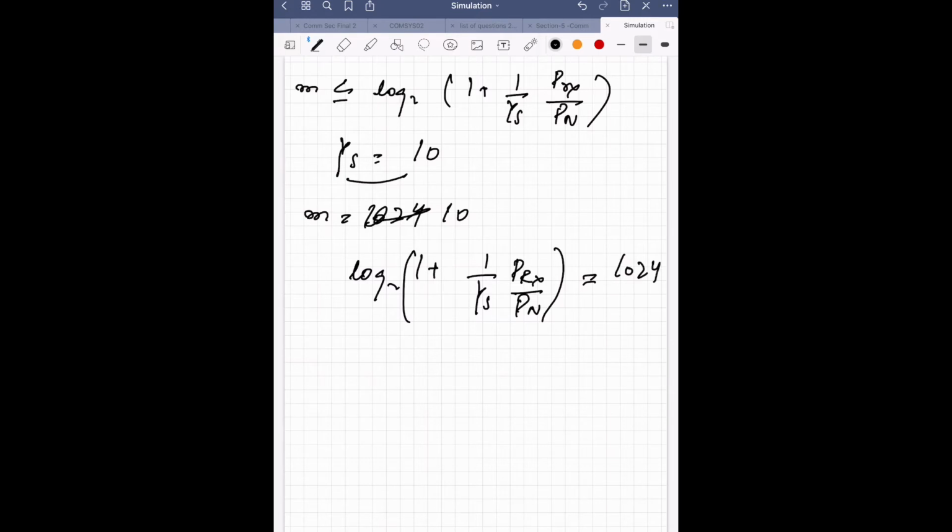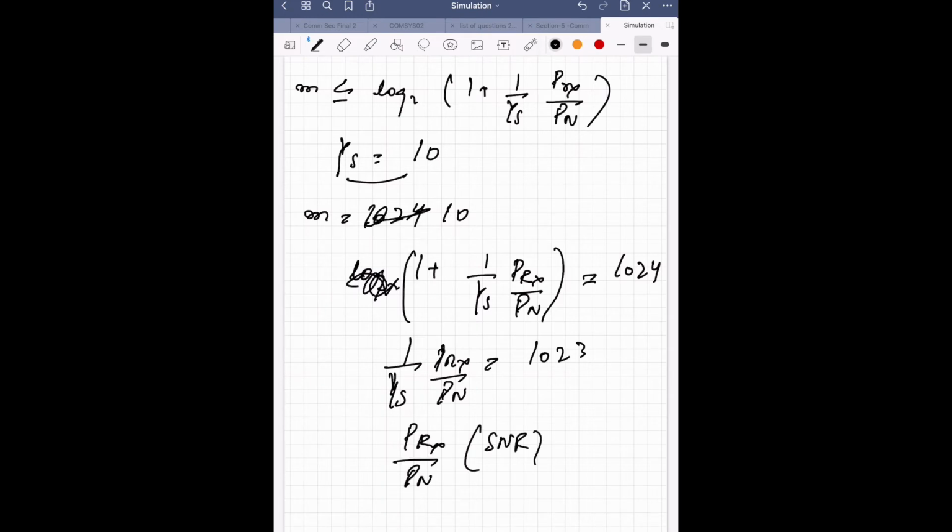In other words, 1 plus 1 by gamma S times PRX by Pn should be equal to 1024, so that log 2 of this quantity will be equal to 10. So 1 by gamma S times PRX by Pn should be equal to 1023. Since gamma S is 10, PRX by Pn, which is also known as SNR, will be equal to 10230.